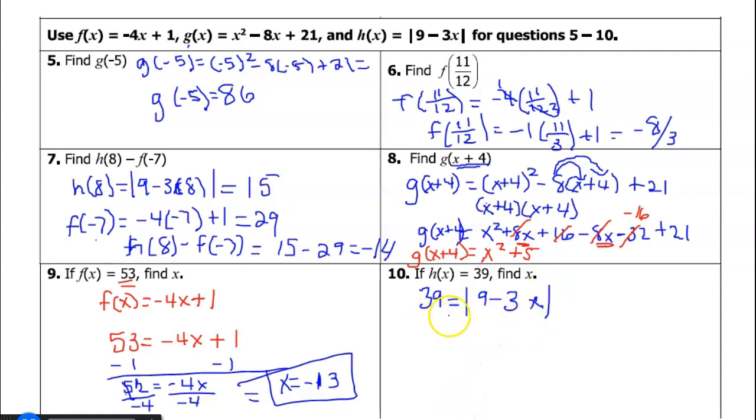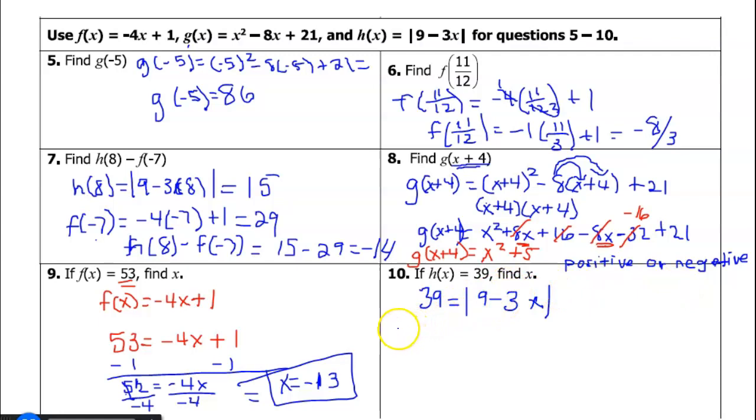Okay, but here's the deal. When I'm solving these absolute values, I know that what can come out of this absolute value could be positive or negative, because we're talking about distance.